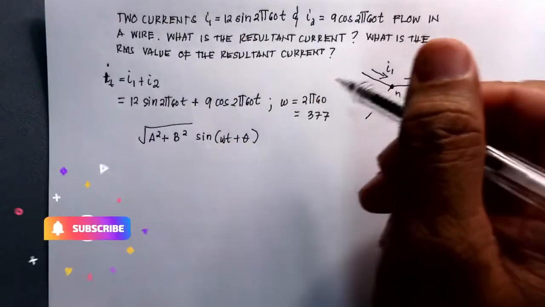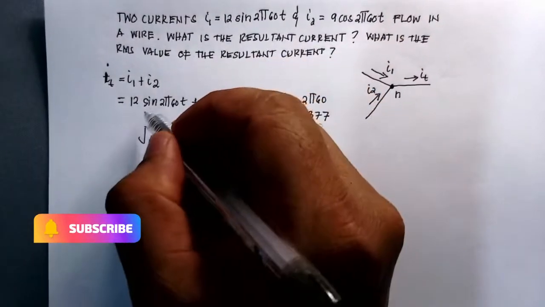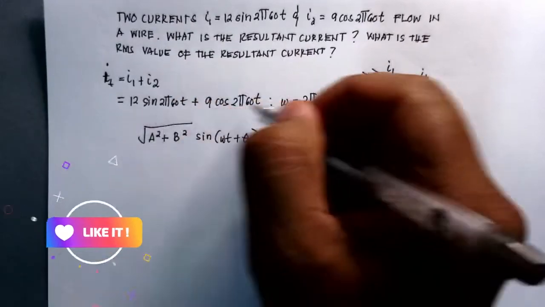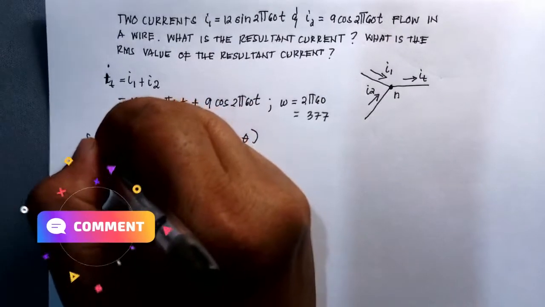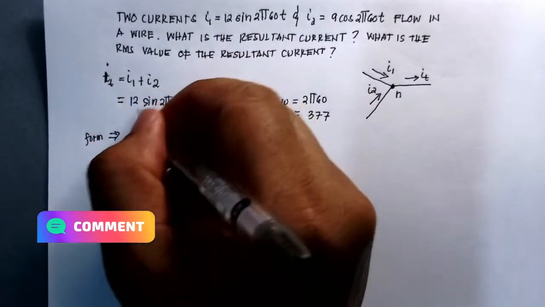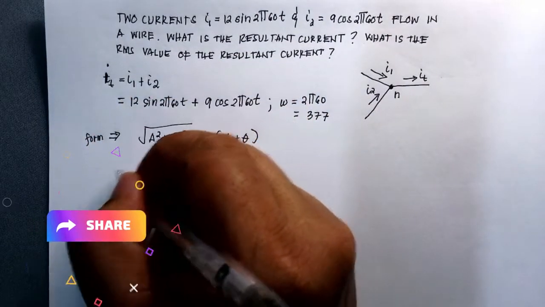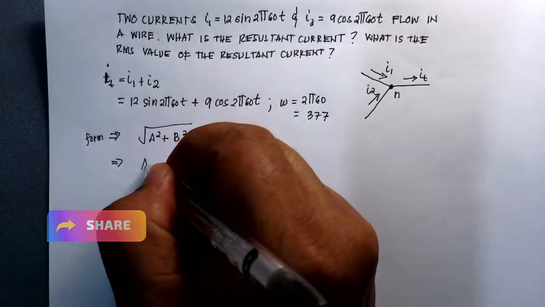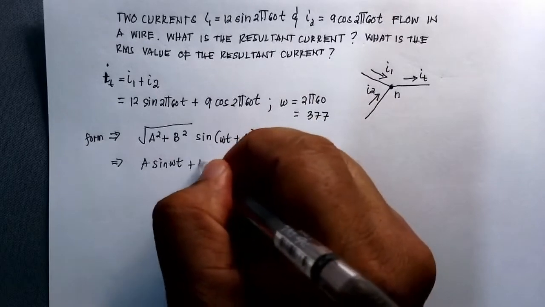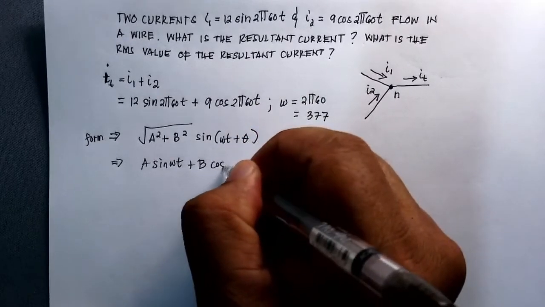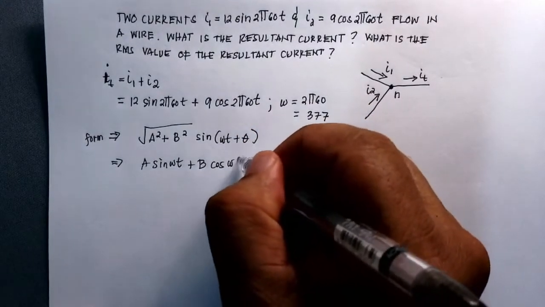This will be our general form, knowing that this is also of the form a sine omega t plus b cosine omega t.